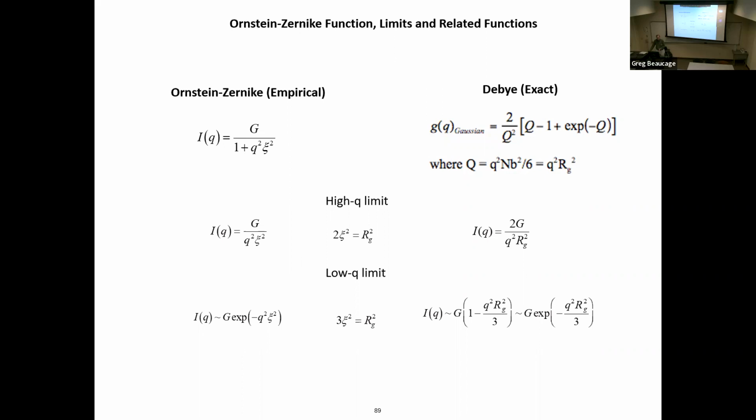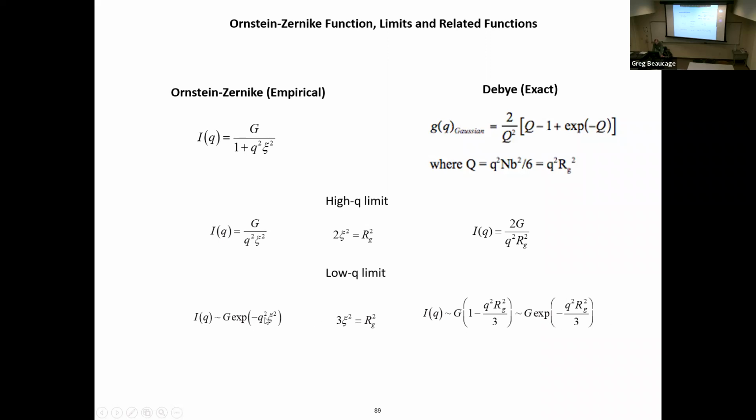It doesn't have any meaning. People gravitated onto this function. It looks a lot like this function because at high Q it's Q to the minus 2, and at low Q, 1 plus Q squared gives you an exponential, so it looks kind of similar to Guinier's law.